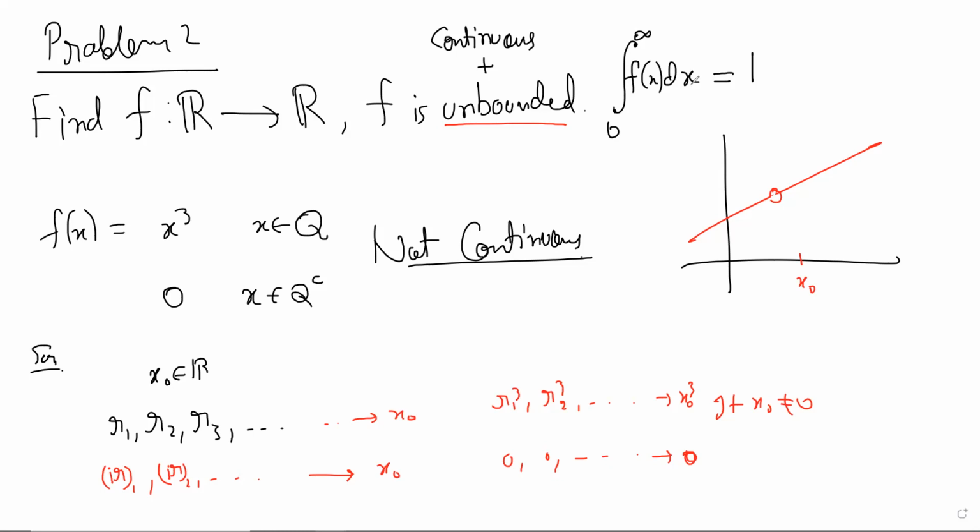Theoretically, I am getting that it is integrable. Intuition is telling me that it is integrable because rationals are most of it, and irrationals can be covered with intervals which are very, very small.